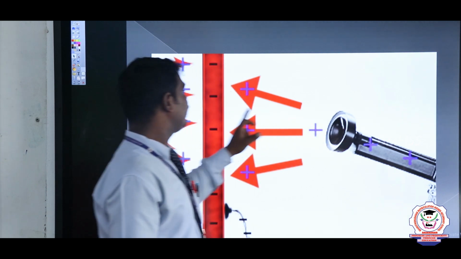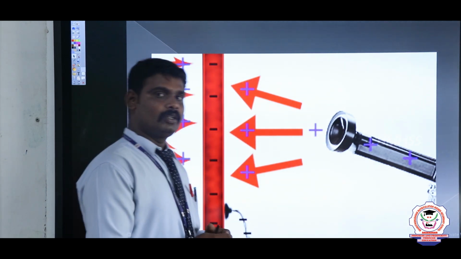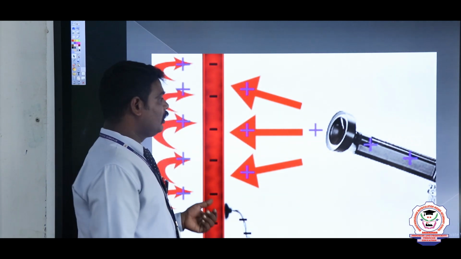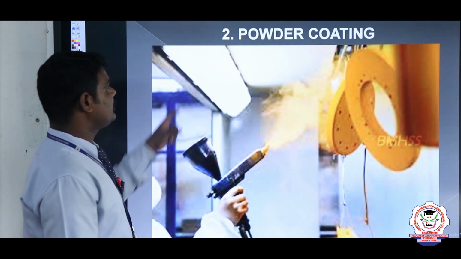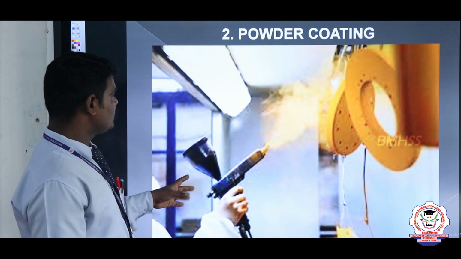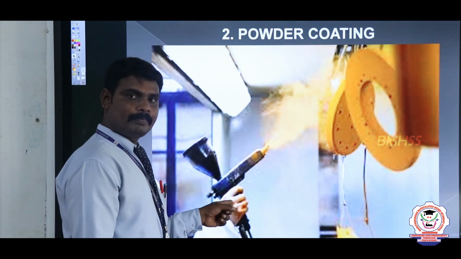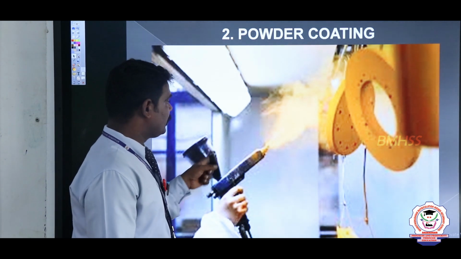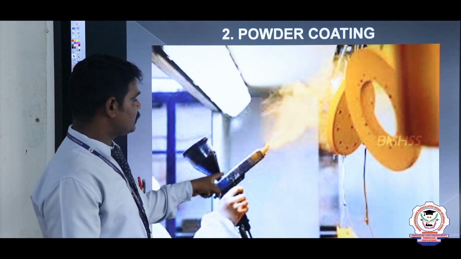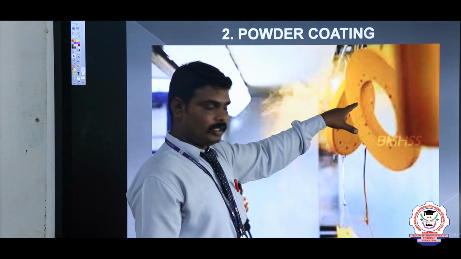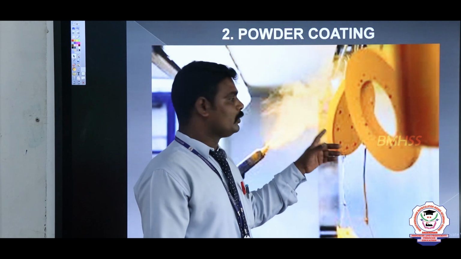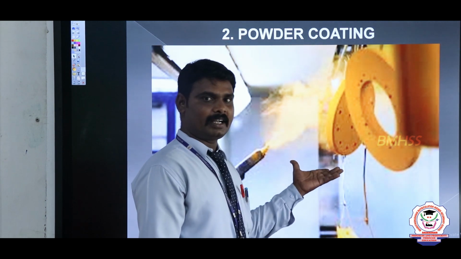Here positive and negative are attracted. This is an easy method, and the same principle is used in one more application, powder coating. Here also this is a gun, and they fill in the powders, which act as positive, and here we have to apply negative, which means earthing. Positive and negative will be attracted.